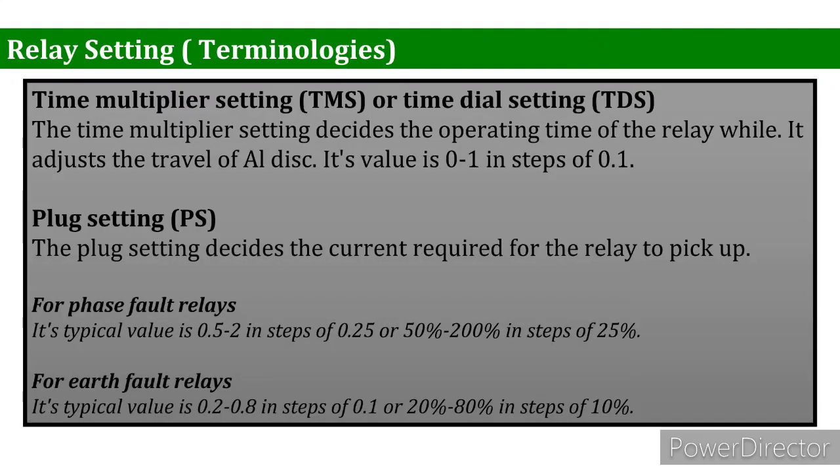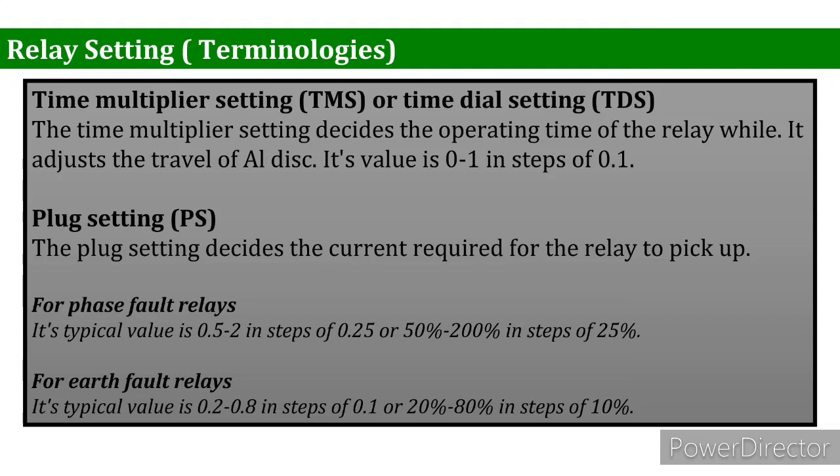There are some settings that we have to make while operating any relay. For the overcurrent relay, in electromechanical relays we have the TMS, the time multiplier setting. The time multiplier setting decides the operating time of the relay, as it adjusts the travel of the aluminum disc.